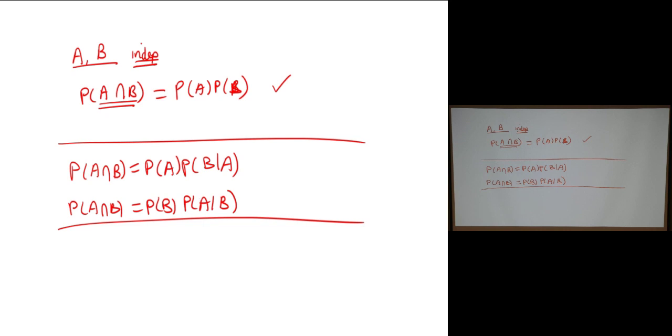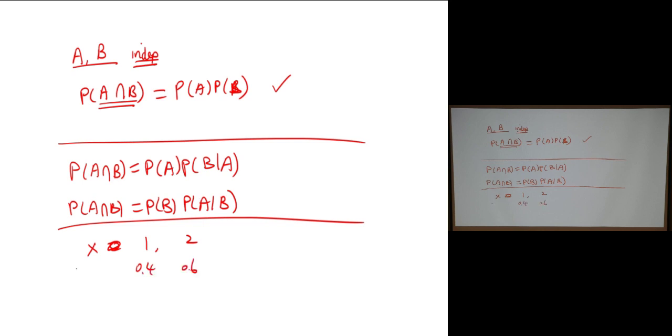Now, when we come to random variables, when we say two random variables are independent, this is a very strong statement. Why? Because you can think of it like this. Let's say X takes two values. X can take value 1 and 2 with probability, let's say, 0.4 and 0.6.